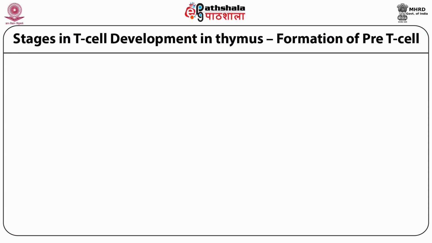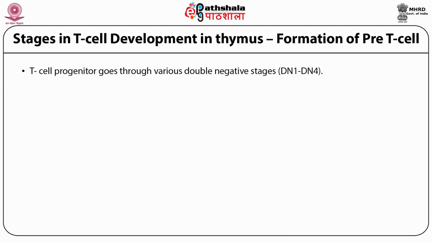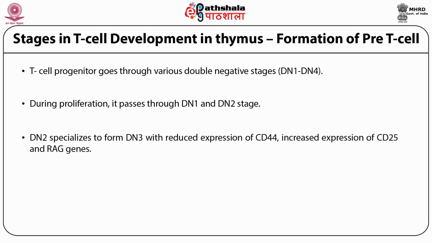T cell development in thymus. T cell progenitor cells go through various double negative stages, double negative 1 to double negative 4 stages. T cell progenitor cells in the thymus first undergo proliferation. They pass through double negative 1 and double negative 2 stages. Double negative 2 specializes to form double negative 3 with reduced expression of CD44, increased expression of CD25 and RAG genes.